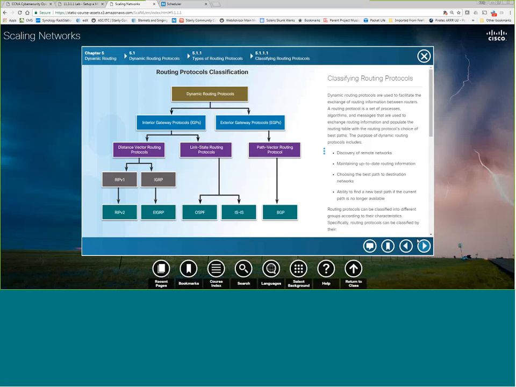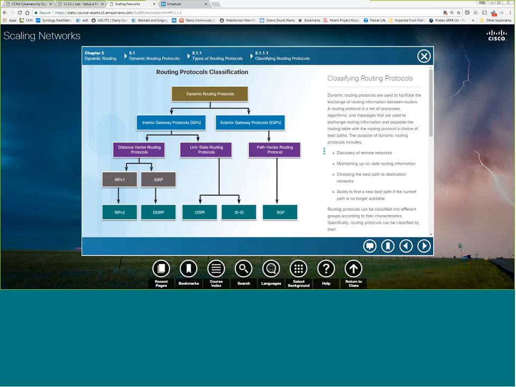But as we expand, the very purpose of this particular course, as we begin to scale our networks and they get bigger, we need to start looking at dynamic routing protocols. So we can do automatic exchange between different routers on a big network.